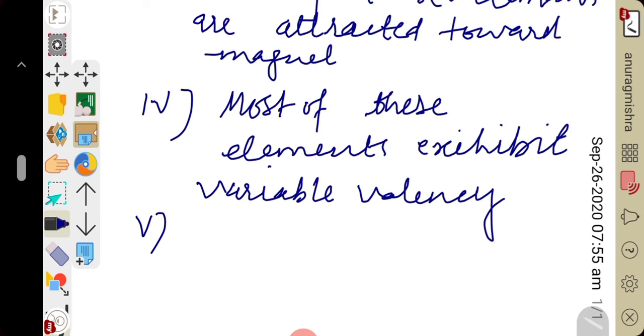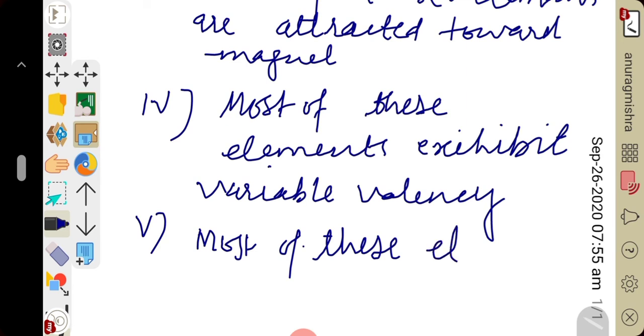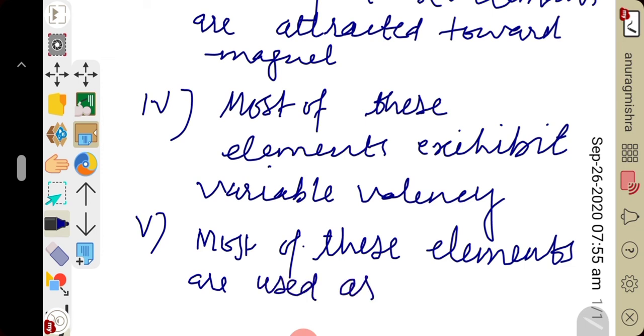Next, property number fifth one is most of these elements are used as a catalyst. Always remember this. Catalyst, do you people know the meaning of catalyst?